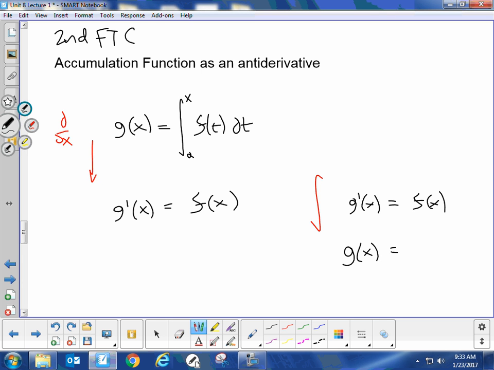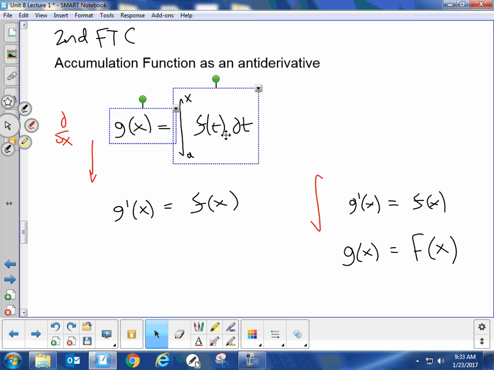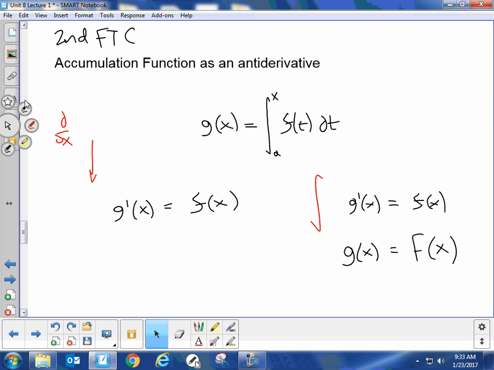What is the notation we typically use for the antiderivative of regular f? Big F. Oh my goodness. This can change this statement to this.